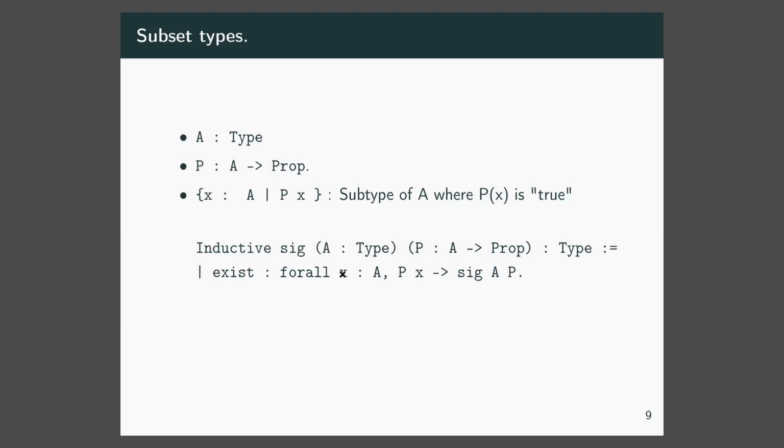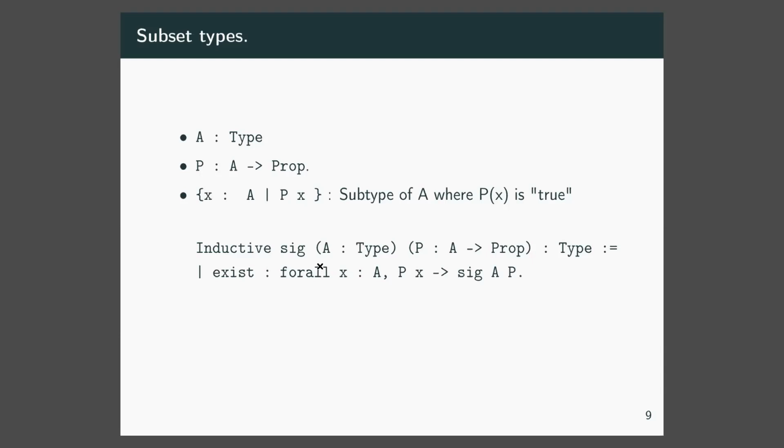The first component is the element in A, and the second component is the proof of p of x for that element. So this is exactly like the existential, except that it is a type, whereas the other is a prop. So you can think of subset types as just elements of the sig type.